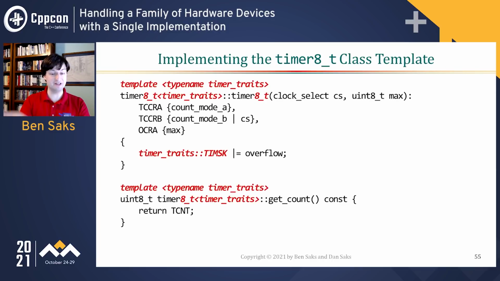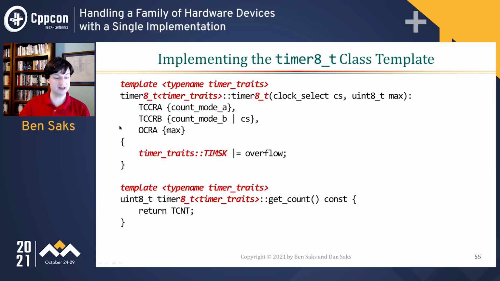Those bits just have different interpretations. So we want to expose them as different enumeration types to the user. But inside, the implementation doesn't need to change. We're still setting the same bits in those registers.